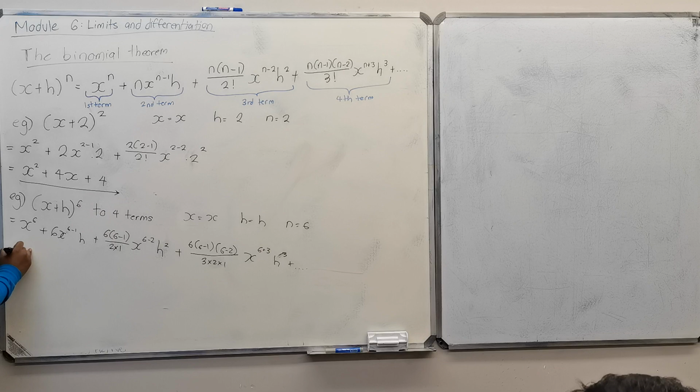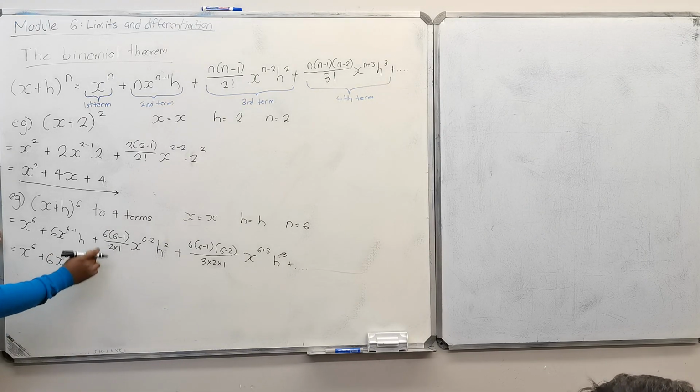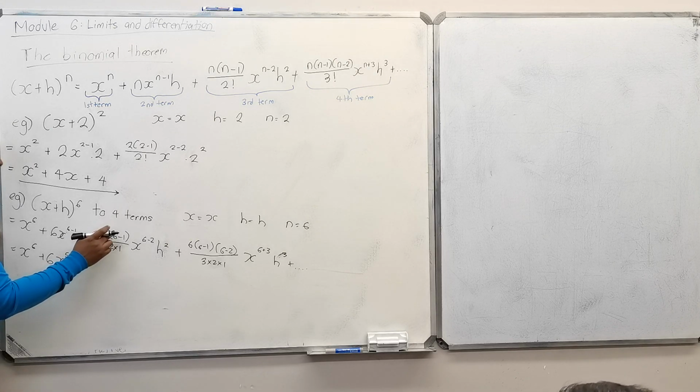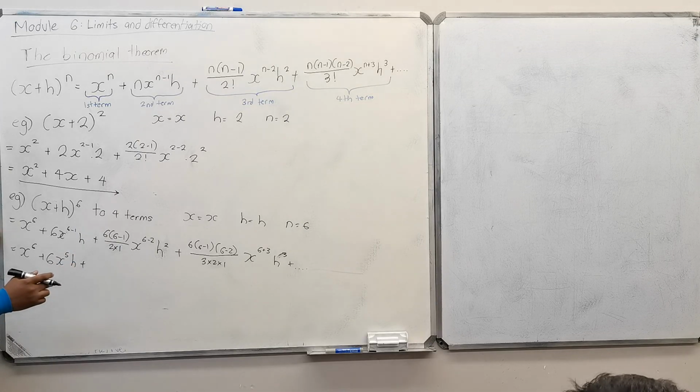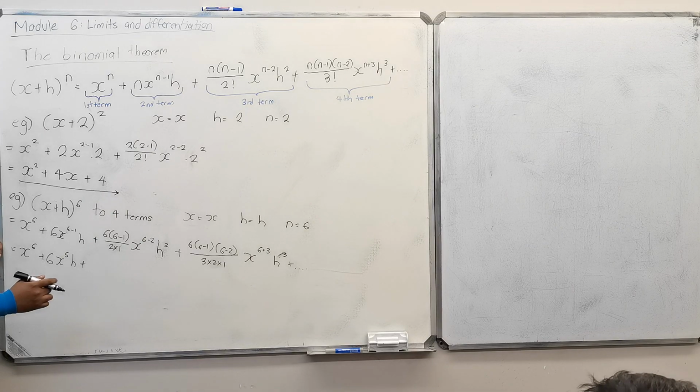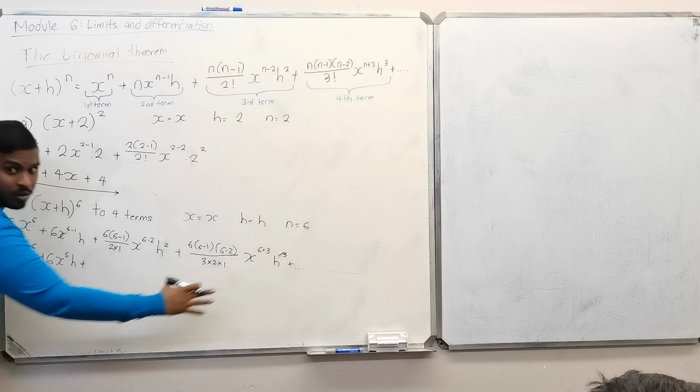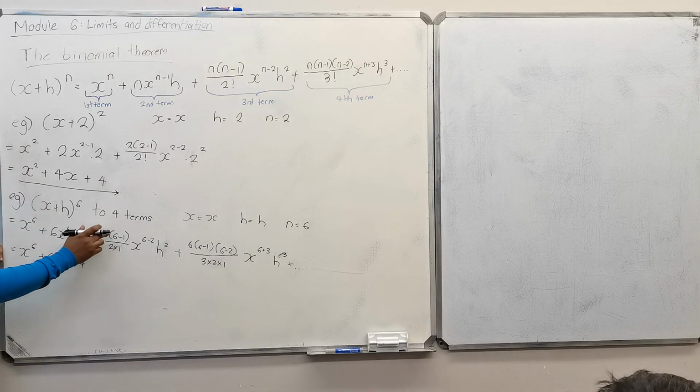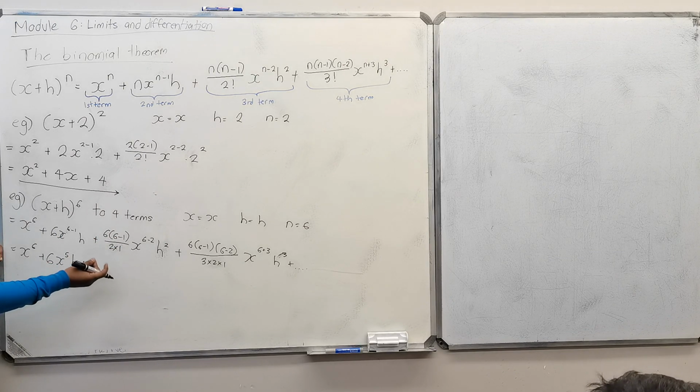Now this would be x to the power 6, plus 6x to the power 5 h. Plus, step 2: 6 minus 1 is 5 times 6 is 30, all over 2, which is 15.